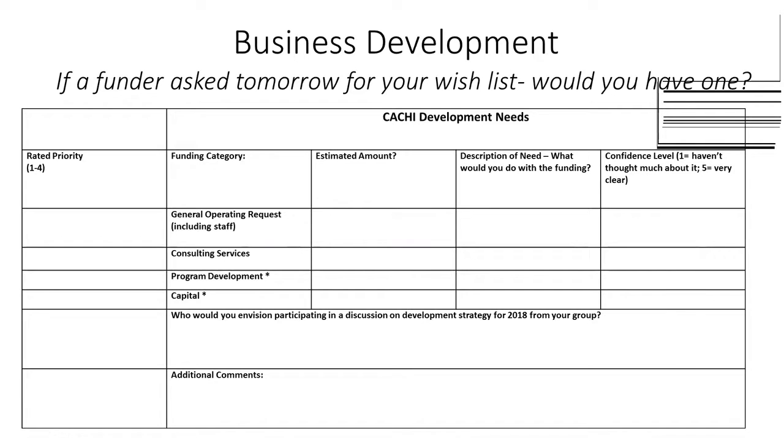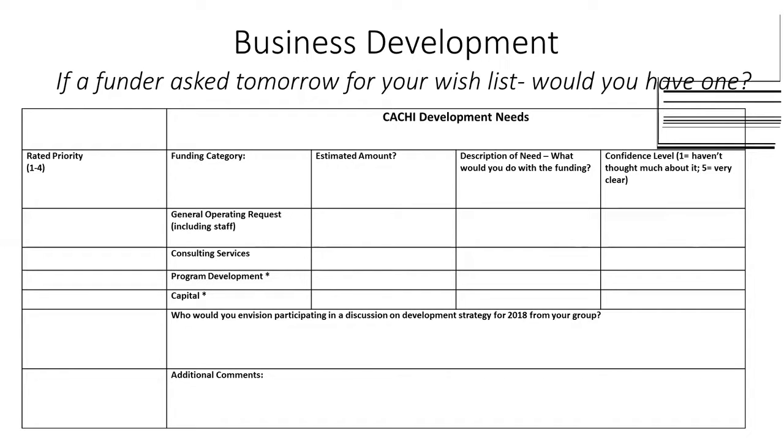Okay. So I just wanted to talk about a couple of things that are separate but related. You're seeing on your slide a set of questions around business development, and it really leads with the question, if a funder were to come to your site tomorrow and say, you know what, we are really interested in supporting your work, what is it that you need?